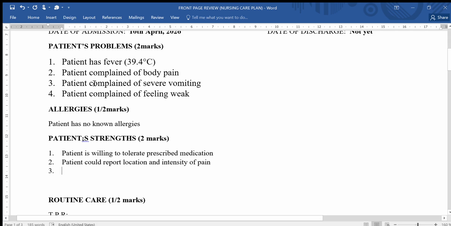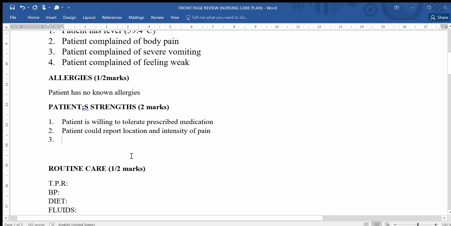So now look at problem number 3, that complaint of severe vomiting. So the patient has been vomiting. What do you think the strength for that vomiting will be? If the patient can tolerate oral fluid or even sip a bit, in spite of the vomiting, that could have been what? A strength.